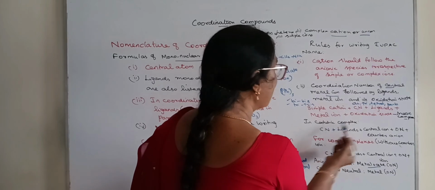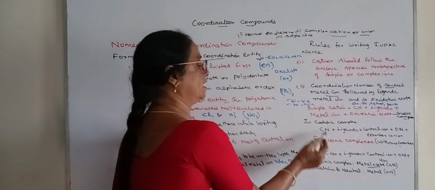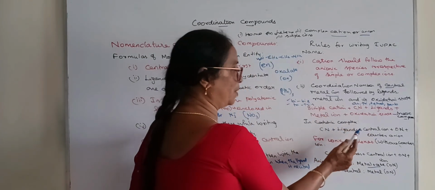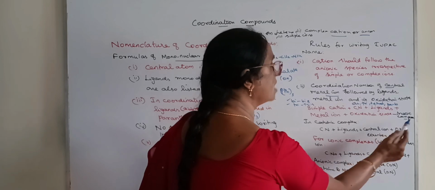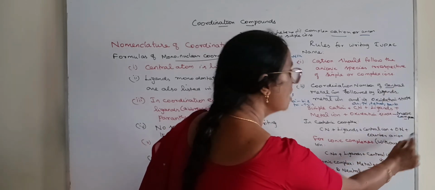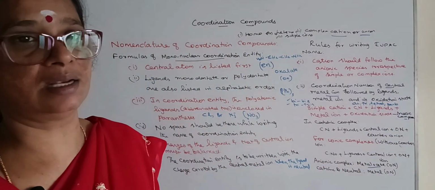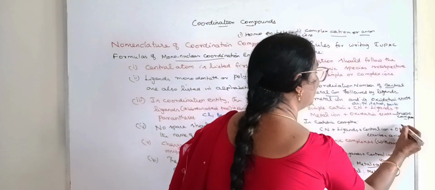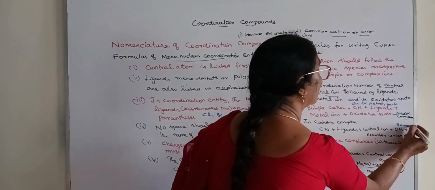Then in the cationic complex, you identify first the coordination number followed by the ligand, the central ion and its oxidation number, followed by its counter ion. The oxidation number must be given in Roman numerals.